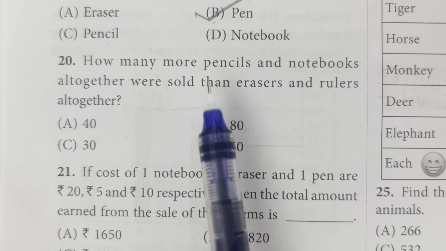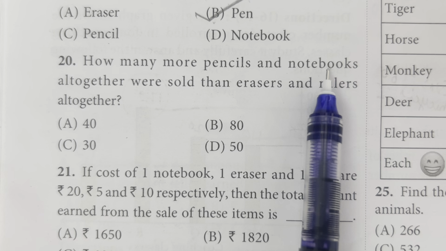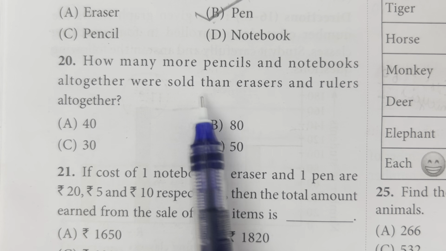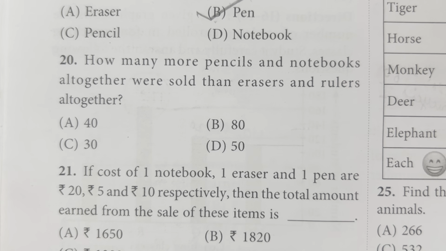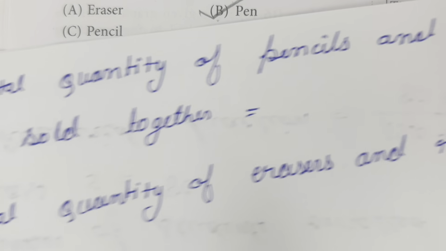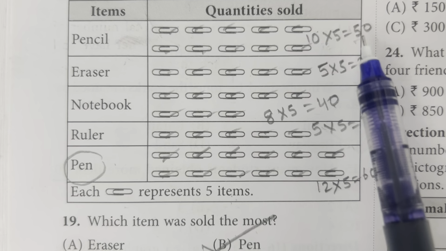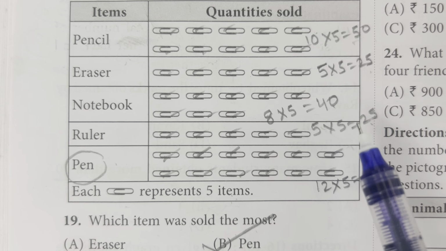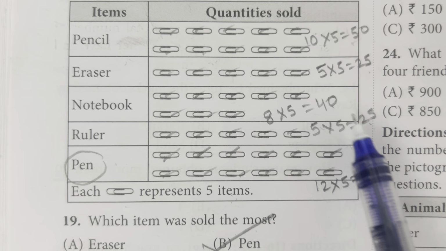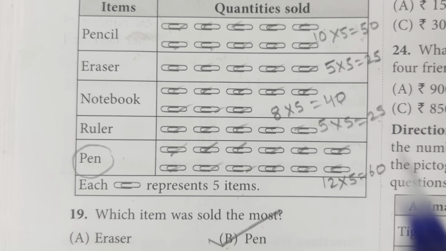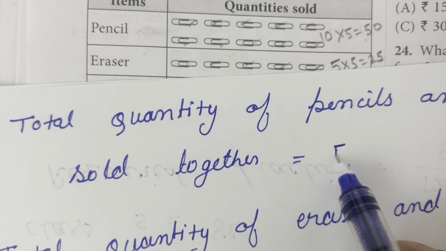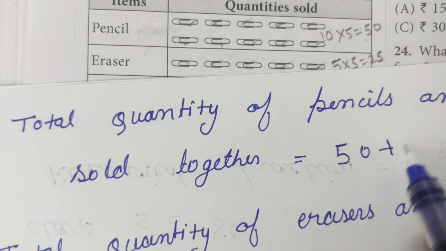In this question, first of all we will find the total quantity of pencils and notebooks sold together, and then the total quantity of erasers and rulers altogether, then we will find the required difference. The total quantity of pencils and notebooks sold together is equal to, number of pencils 50 and notebooks 40. So 50 plus 40 is equal to 90.